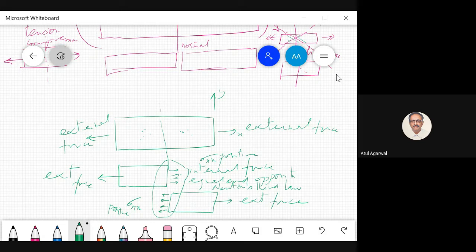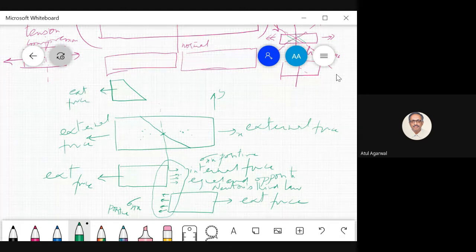Now, if you had taken a plane like this, you see the story will be different. The external force is this. Now, there are internal forces on this face. What will be the direction of these internal forces, Kevalish? What will be the net force on this face?